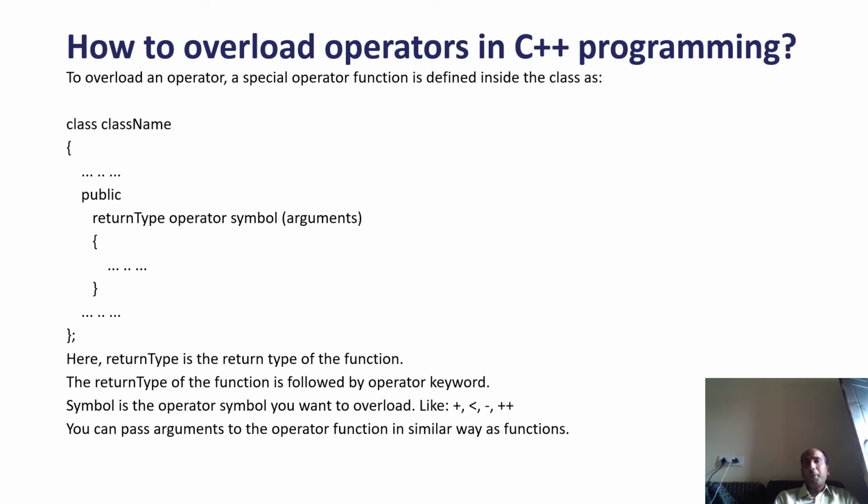The syntax is return type, operator, symbol. The symbol is the operator which you want to overload. Let's suppose you want to overload the plus operator, you need to write the symbol of plus. If you want to overload the left shift operator, you need to write the symbol of left shift. And then whatever new meaning you want to give, you write in curly braces.